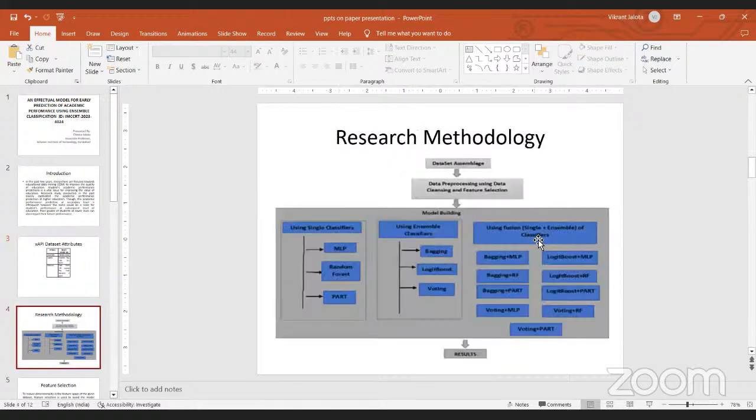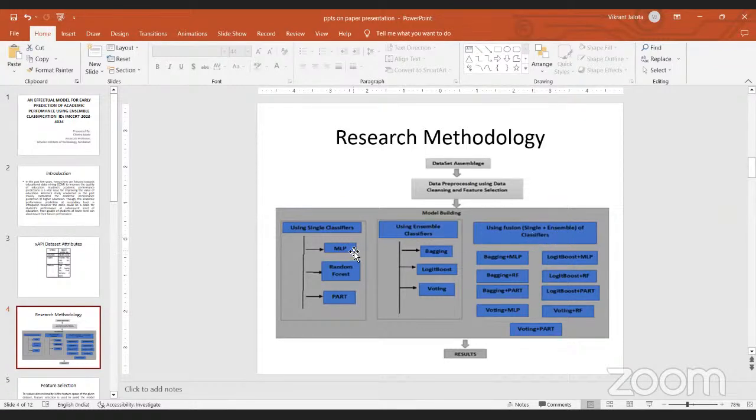This is my research methodology, sir. Firstly is the dataset assemblage. Then the second stage is data pre-processing, using data cleaning and feature selection. Then model building is done at 3 stages using single classifiers, ensemble classifiers, and the fusion of both.